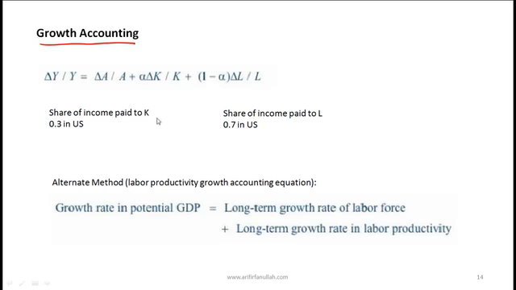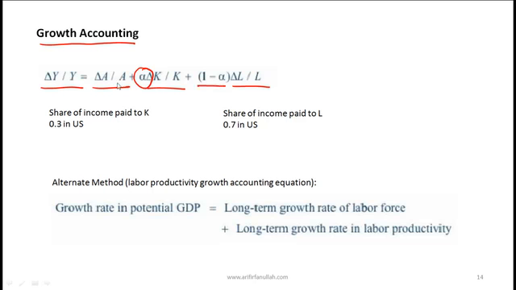Growth accounting. This is a framework which allows us to analyze the performance of economies, and essentially here is a very basic growth accounting equation. What it shows us is that the percentage change in output is coming from a percentage change in technology, a percentage change in capital multiplied by alpha, and a percentage change in labor multiplied by 1 minus alpha.